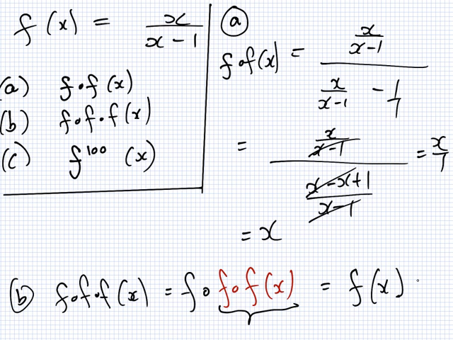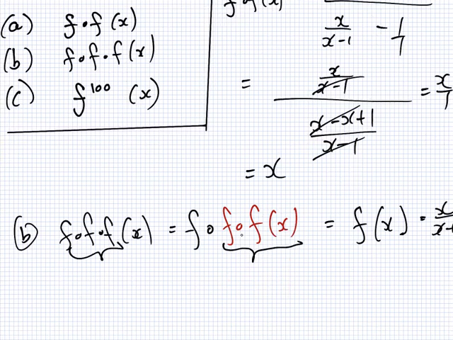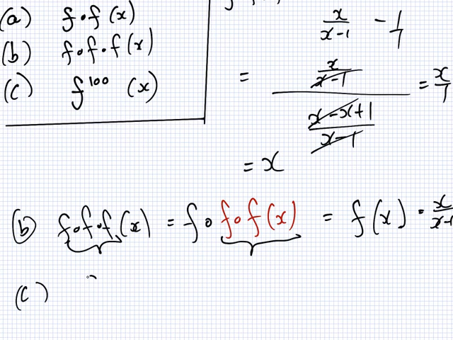It's the same as the original. In other words, when you have 3 of them, you get the original, and when you have 2 of them, you get x. Not boring, it's brilliant. So if you have 100 of them, what would you finish up with? X.